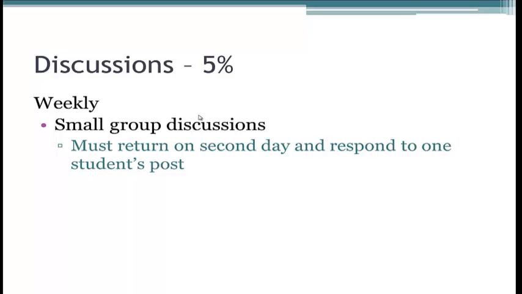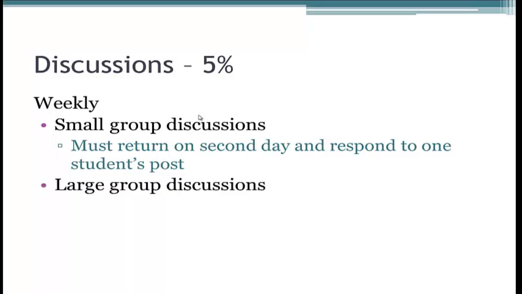Then the next day you must return to that post and read the response of one of the members of your group and respond to that student's post. So these weekly small group discussions involve 2 steps. First, responding to the discussion question, and second, going back, reading your group members' responses, and writing one more response.